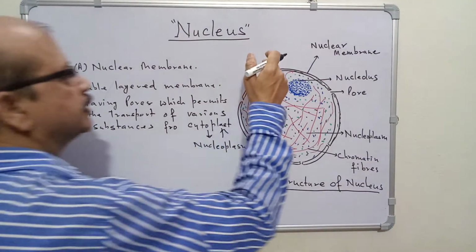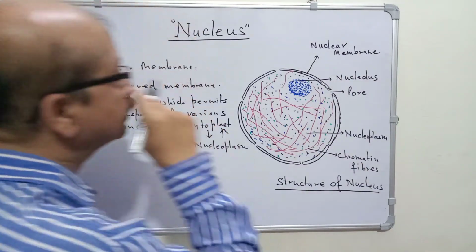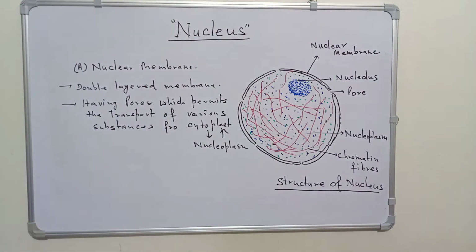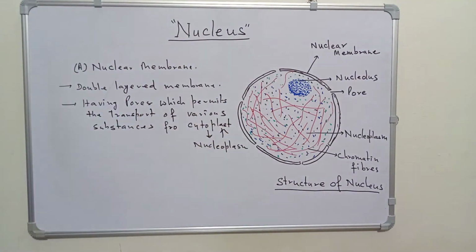So they are the passages for transportation of various substances from cytoplasm to nucleoplasm and nucleoplasm to cytoplasm. Right? Now it is all about nuclear membrane.